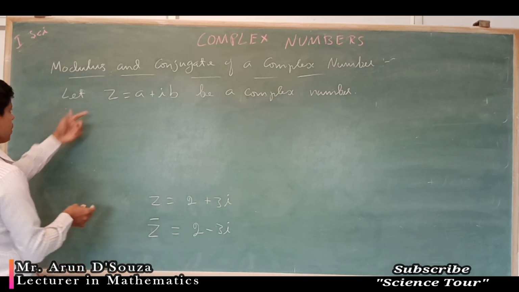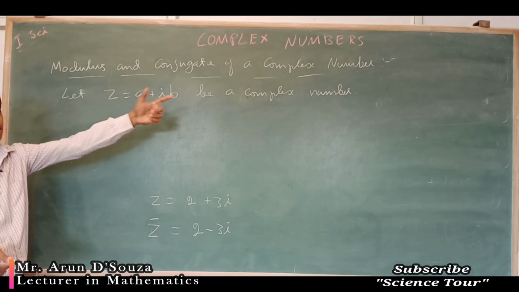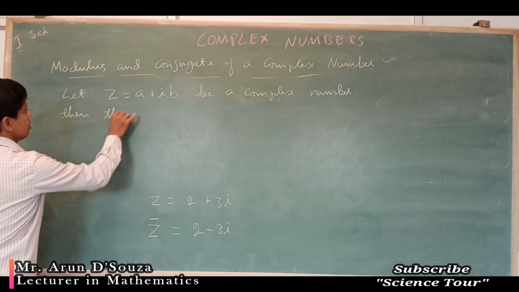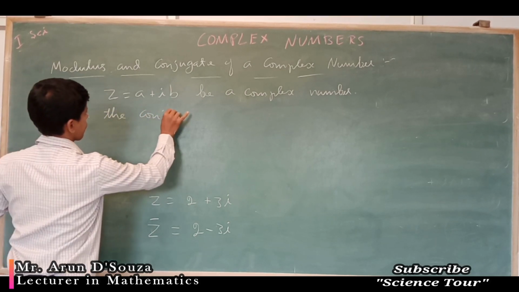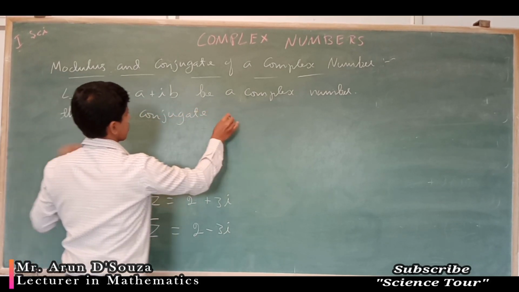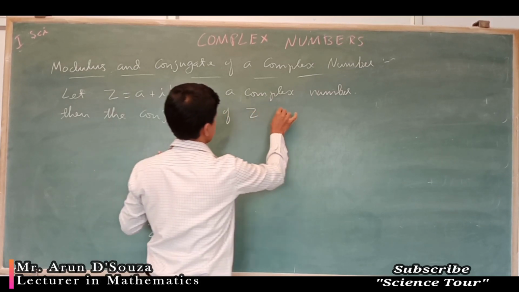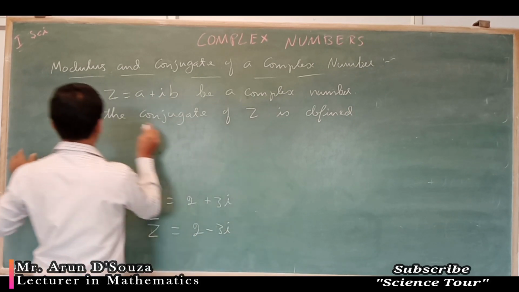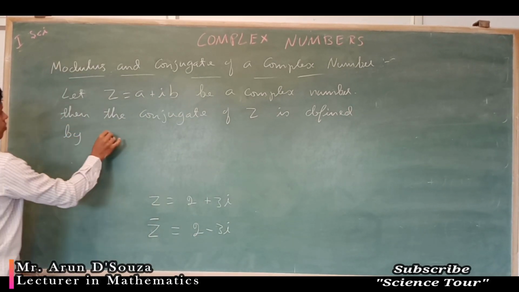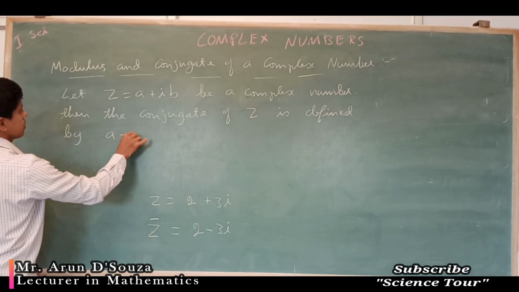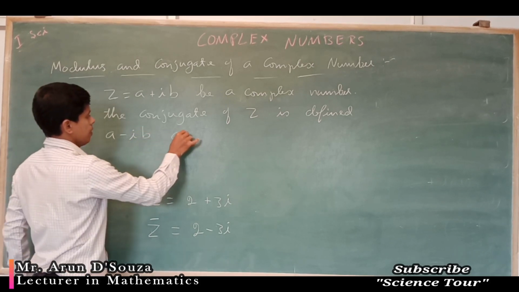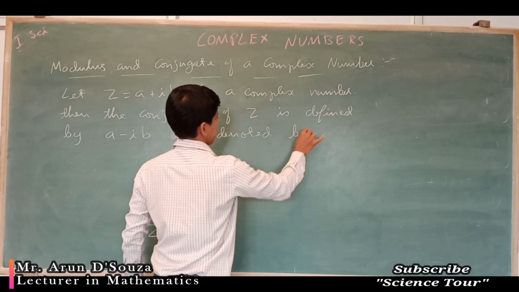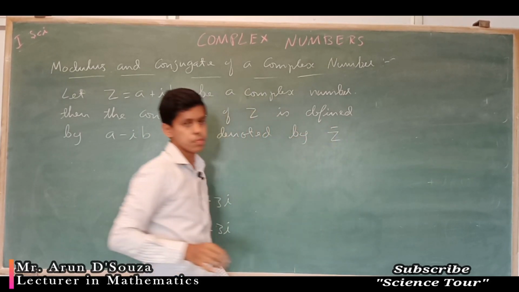So how do we define it? Let z is equal to a plus ib be a complex number. Then the conjugate of z is defined as a minus ib and denoted by z bar.